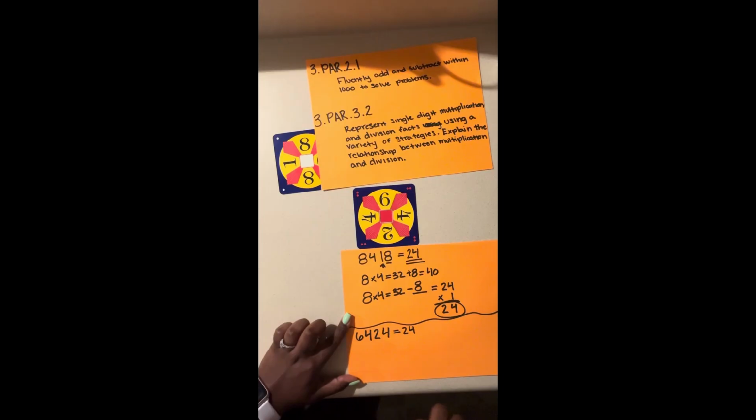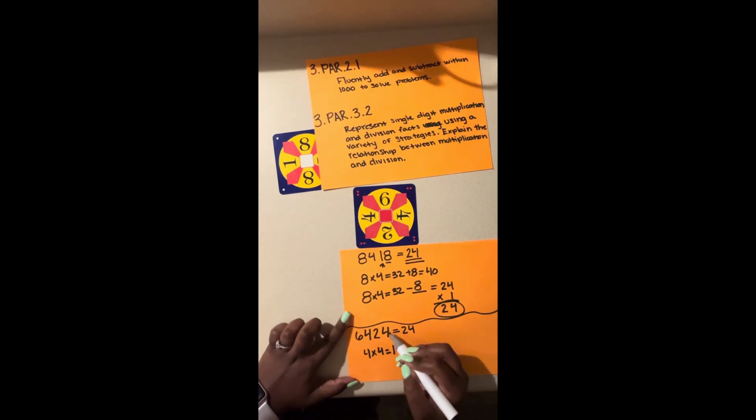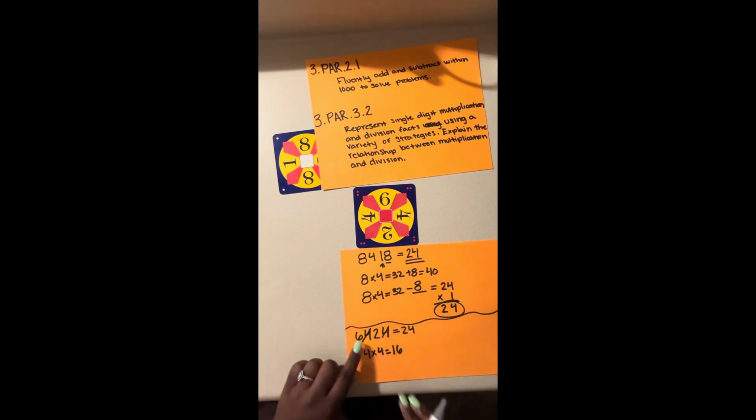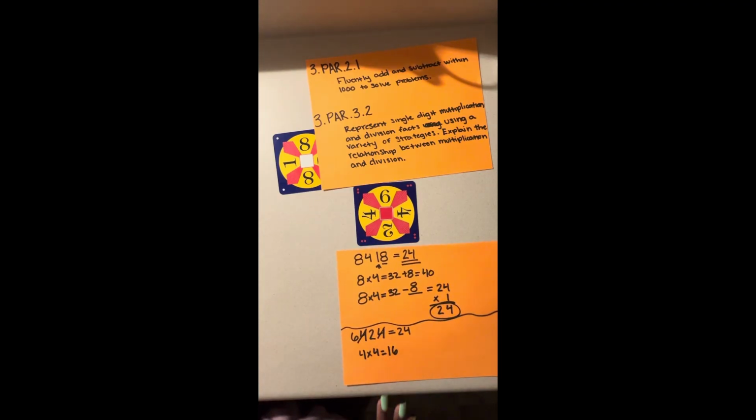So students could do, okay, well, I know that 4 times 4 equals 16. That already knocks out this 4 and this 4. So now I have a 6 and a 2 to use. Well, 16 plus 6, I know, will give me 22.